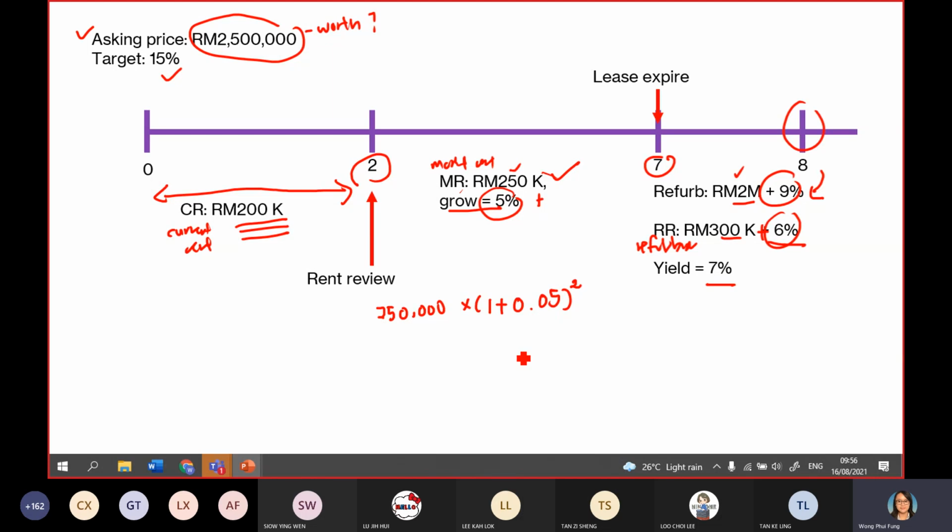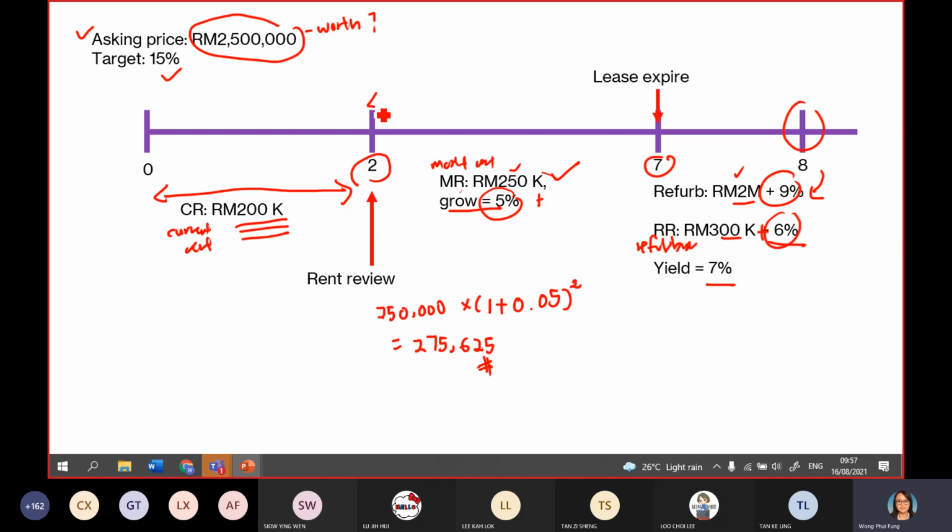I repeat again. For this one, you cannot just take 250,000. You need to include the growing rate. So you times 1 plus i, the i is 5%. n is in how many years' time you are going to enjoy this rental income? In 2 years' time. So you times everything already, you should be able to get 275,625.